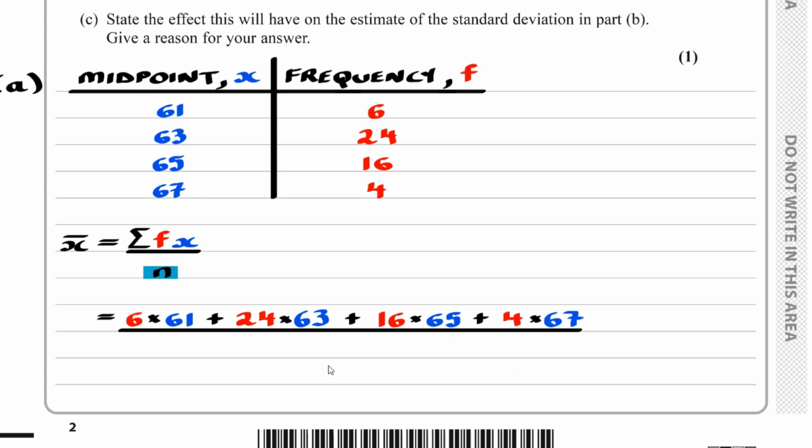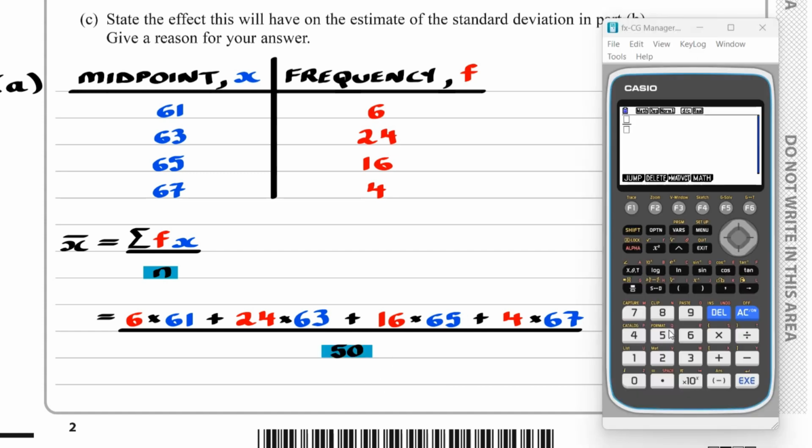And we divide this by the number of pieces of data we have, which is 50. So we have 6 times 61 plus 24 times 63 plus 16 times 65 plus 4 times 67, and then I divide this by 50, and it turns out we get 63.72 for our mean.